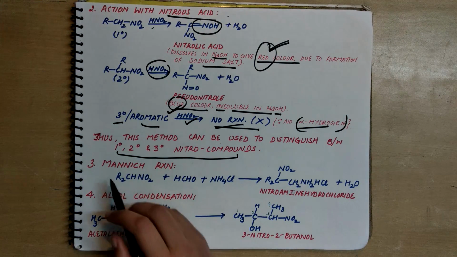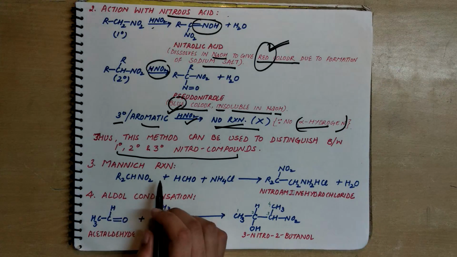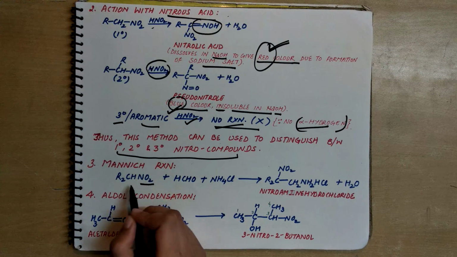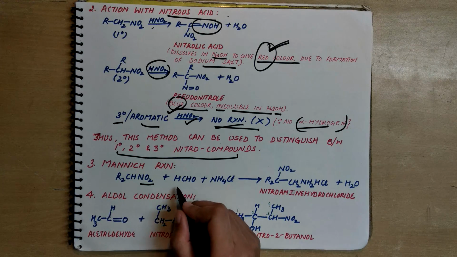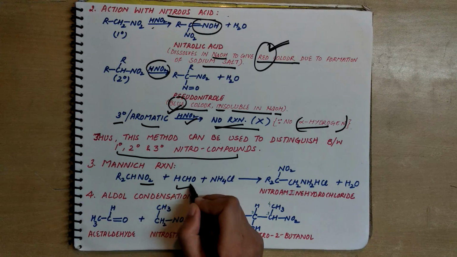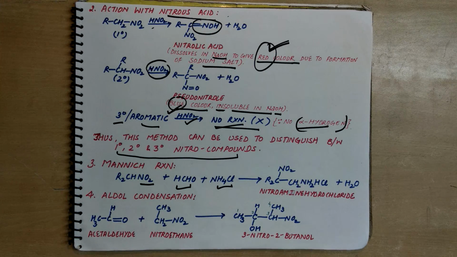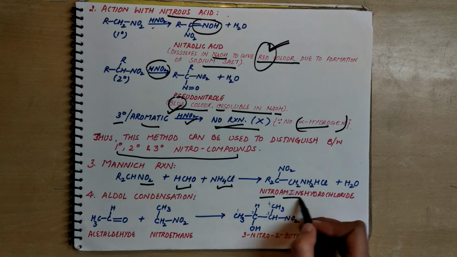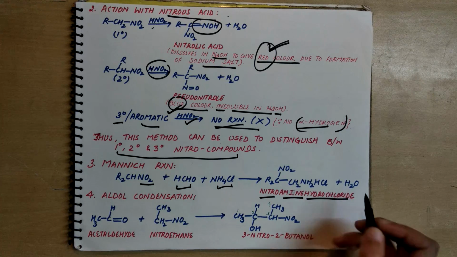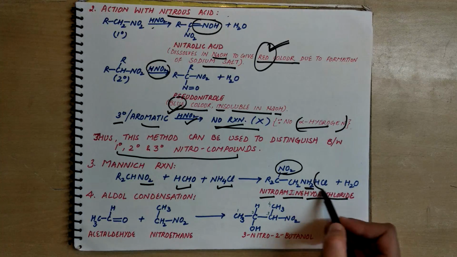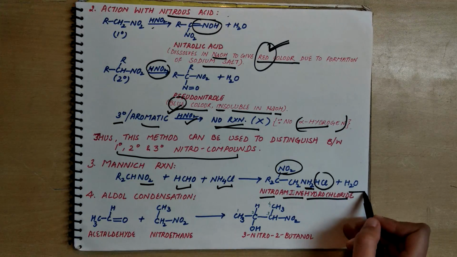Then the third reaction is the Mannich reaction. Here R2CHNO2, a nitroalkane, is treated with HCHO, that is formaldehyde, in the presence of ammonium chloride. And here we get nitroamine hydrochloride plus water.